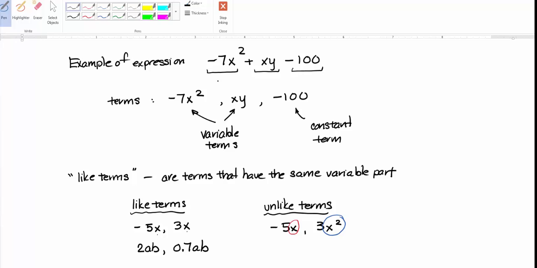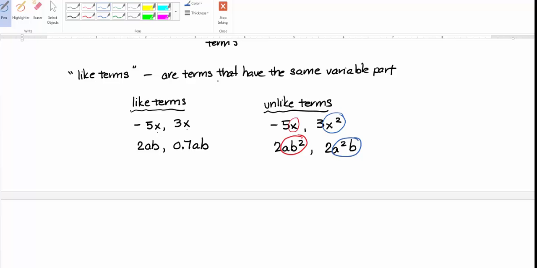And some unlike terms would be, say, 2ab squared and 2a squared b. Right? These are not alike because the variable part for this is just ab squared, and that's not the same as a squared b. Okay, so be very careful about what we consider a like term.